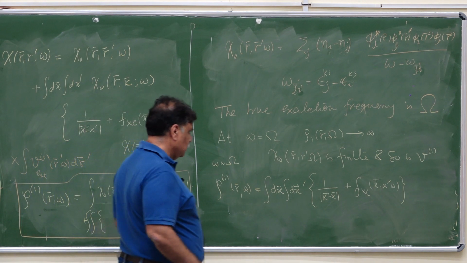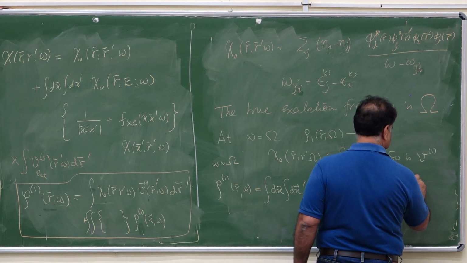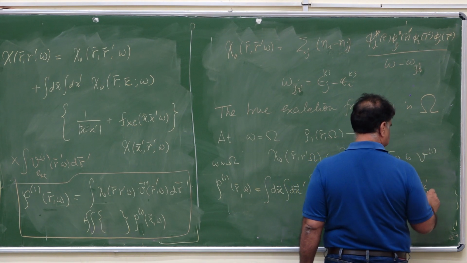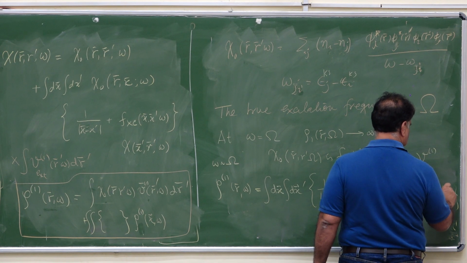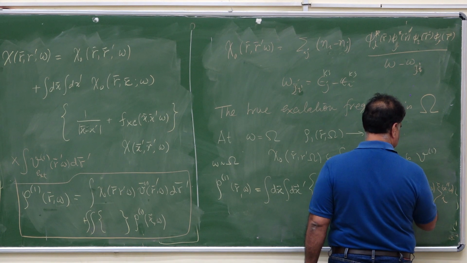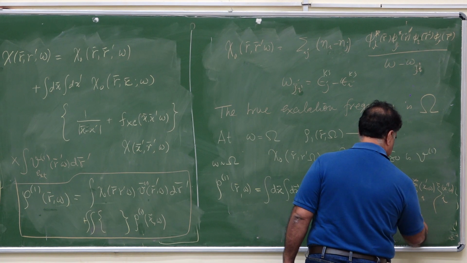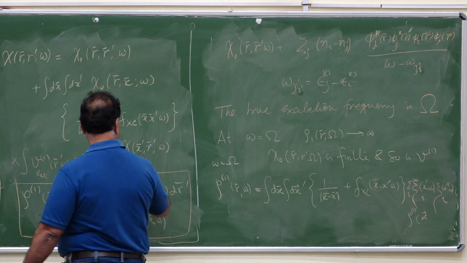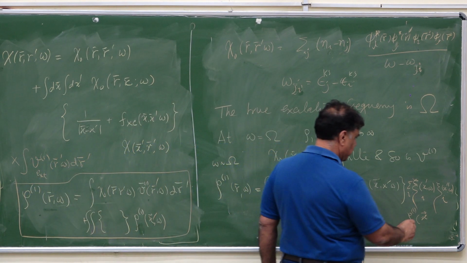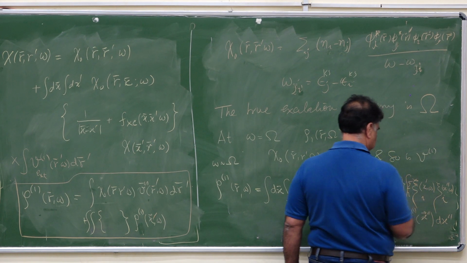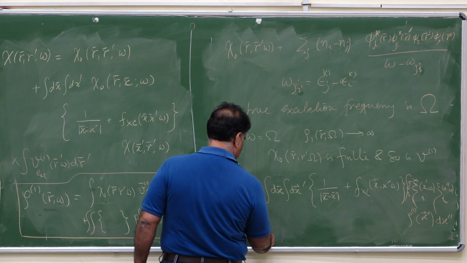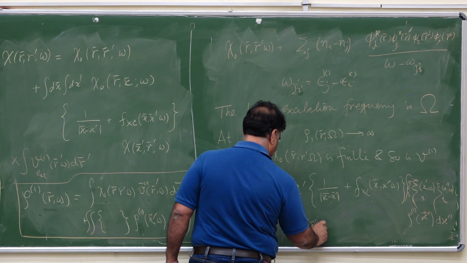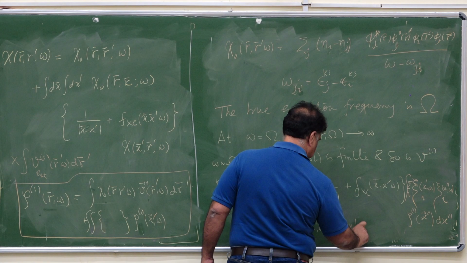And then I have rho 1, so I'm going to insert some complete set of functions, zeta I x prime omega, zeta I star x double prime omega, summed over I, rho 1 x double prime. This I can write with integration dx double prime, where the summation over I of zeta I x prime omega zeta I star x double prime omega is delta x prime minus x double prime.